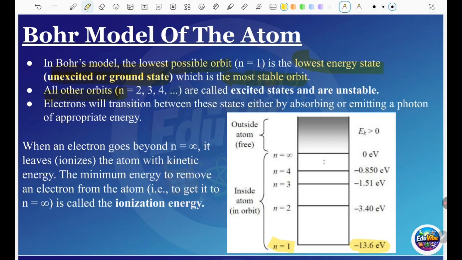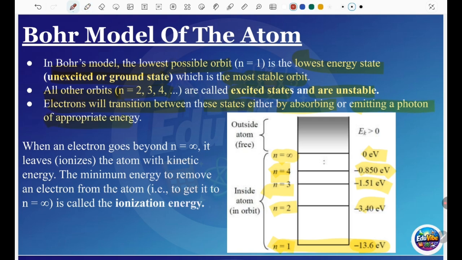All other orbits, n equals 2, 3, 4 up to infinity, are called excited states and are not stable. So n equals 1 is always the stable or stationary state, and all the others up to infinity are excited or unstable states, and they have different energies. Electrons transfer between these states by either absorbing or emitting a photon of appropriate energy.